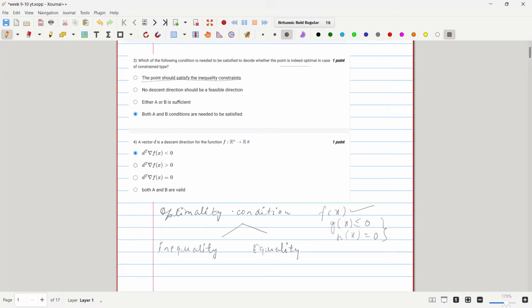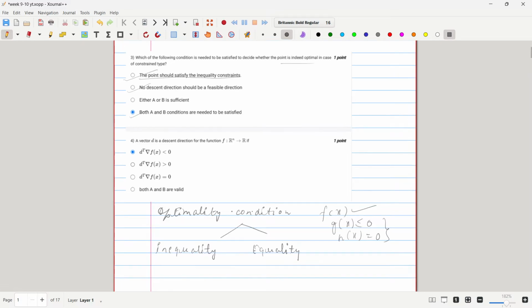The point should satisfy the constraints, and no descent direction should be in the feasible direction. Okay, so descent direction should not be in feasible direction. So both A and B conditions need to be satisfied.